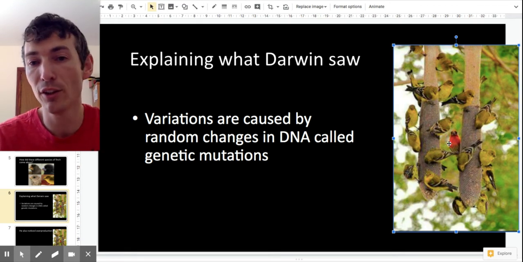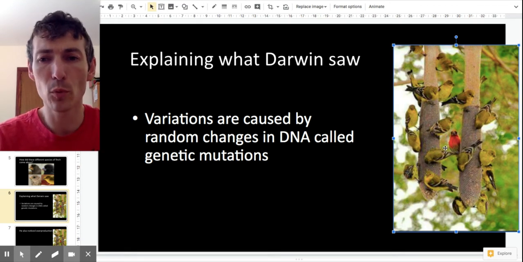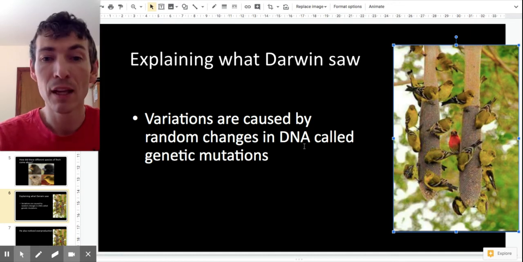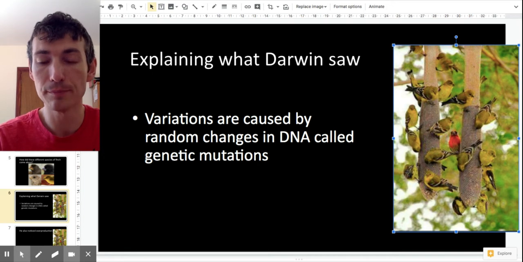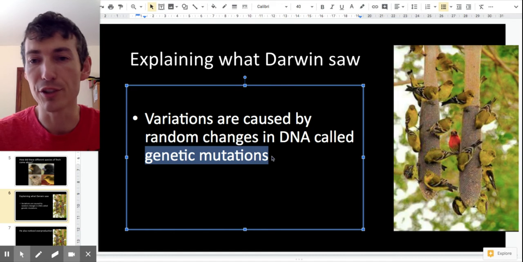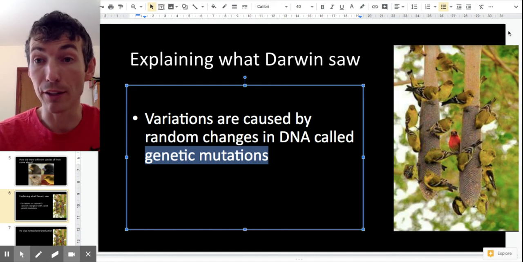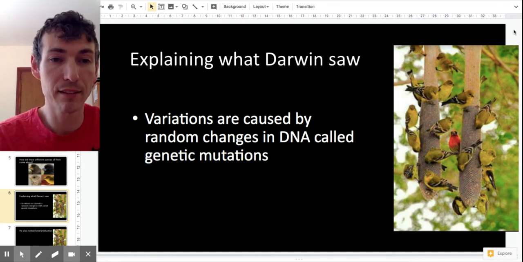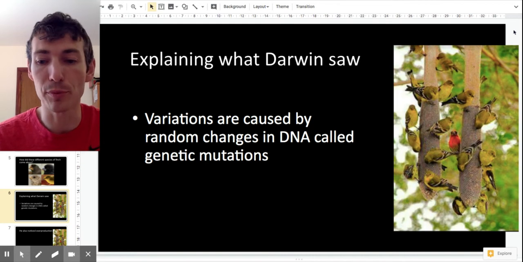So we can see here that we've got loads of different birds, but one of them is just randomly red. And this happens sometimes. This is called a genetic mutation, okay? Genetic mutations happen on your genes, so on your DNA. They're totally random, and they can happen to the offspring, to the babies of different plants and animals.